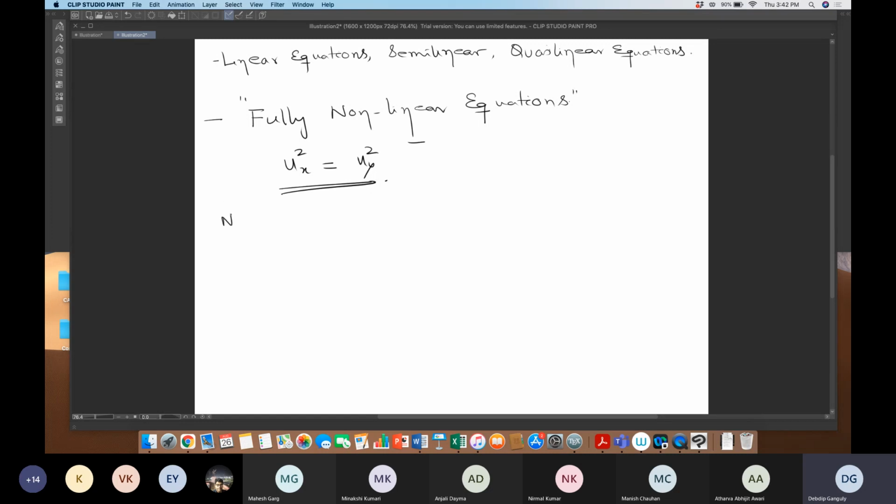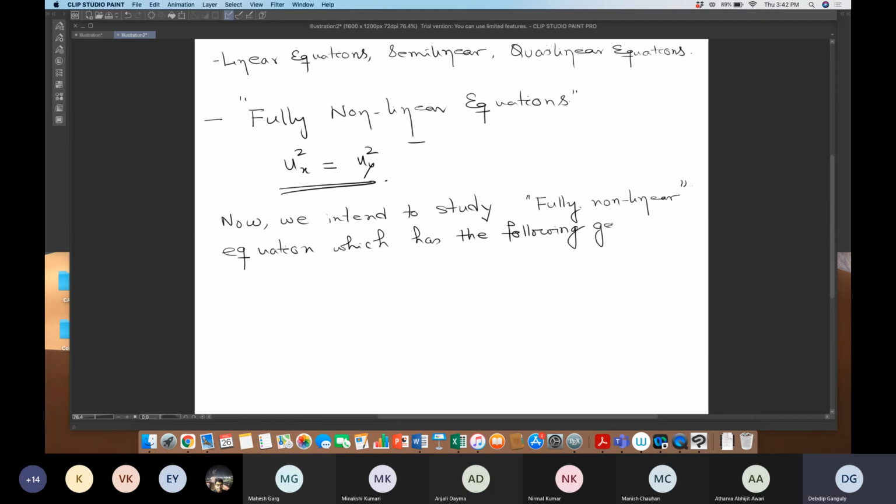Now we intend to study fully nonlinear equations, which have the following general form: F of x, y, u, ux, uy.